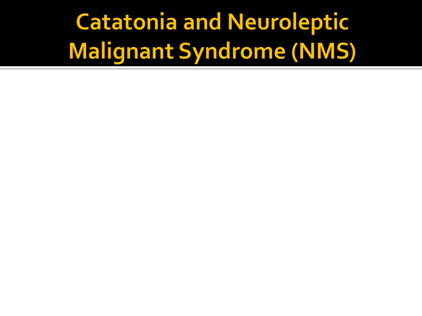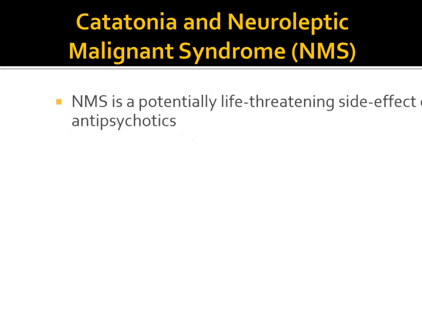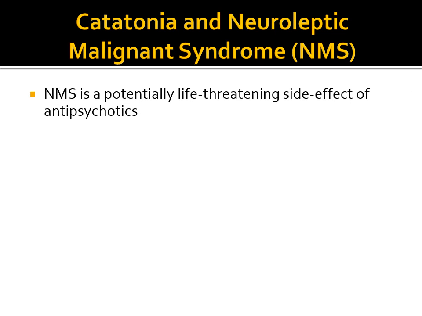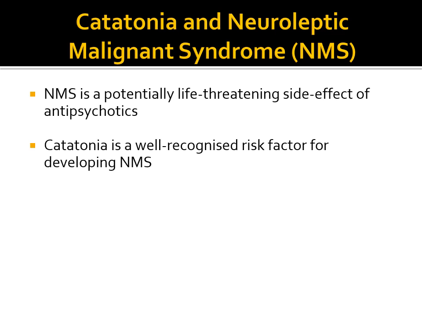Now let us look at catatonia and neuroleptic malignant syndrome. NMS is a potentially life-threatening side effect of antipsychotics, whereas catatonia is a well-recognized risk factor for developing neuroleptic malignant syndrome.